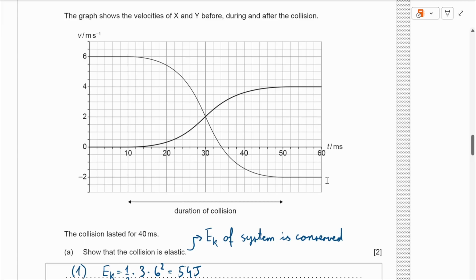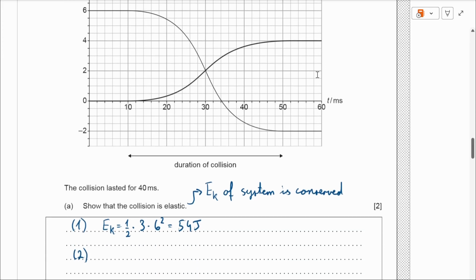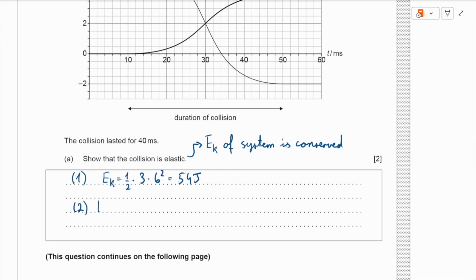So we see car X with a speed of 2 meters per second and car Y with a speed of 4 meters per second. So the total kinetic energy will be 1/2 times 3 times 2 squared for car X plus 1/2 times 6 times 4 squared for car Y, and this will be 54 joules. And we see that these are indeed the same, so there was no kinetic energy lost in this collision.